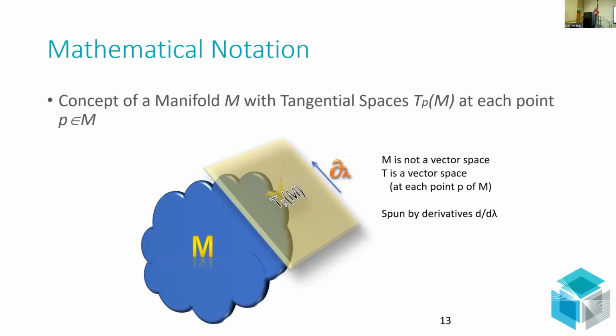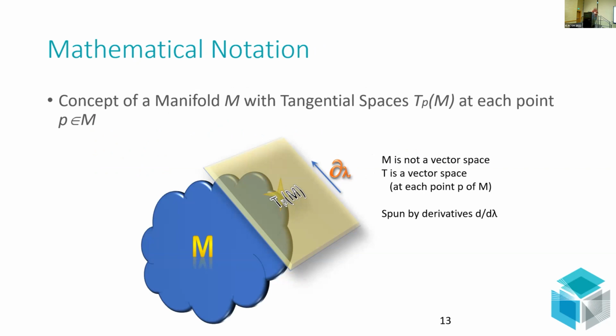And there's the concept of a manifold, which is not a vector space, it's just an arbitrary topological space with certain properties, but a tangential space, where we can compute derivatives, is always a vector space.